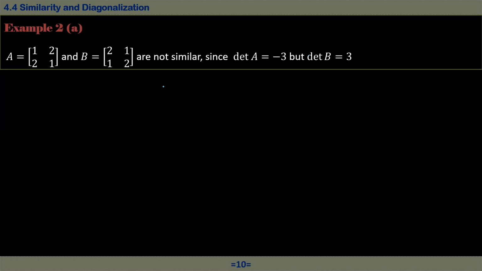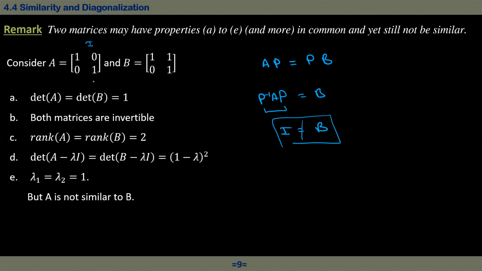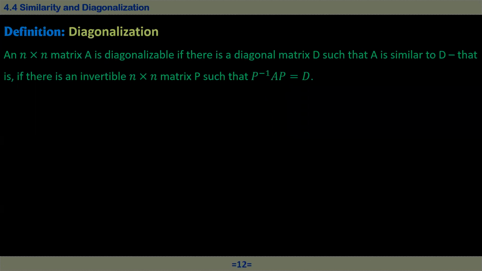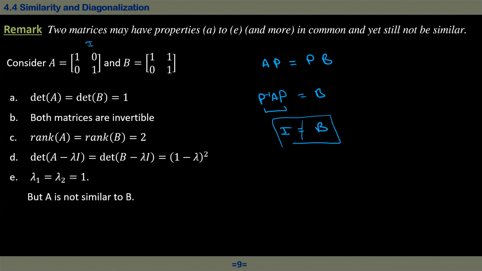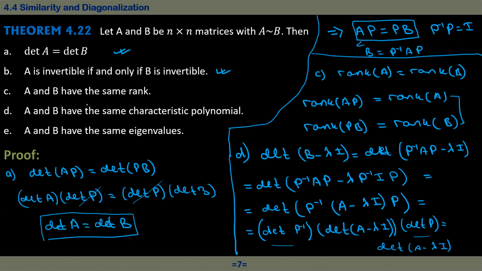Okay, another example. But how are we actually going to make use of that theorem? In this theorem, if we know that one of these properties fails to hold, then immediately I can draw the conclusion that these two matrices are not similar.